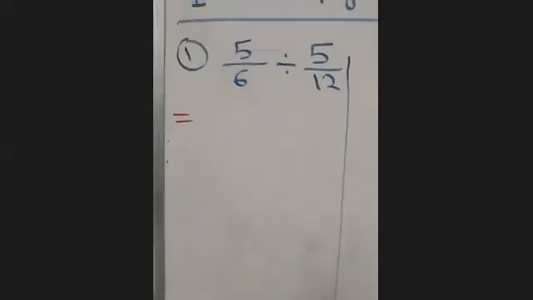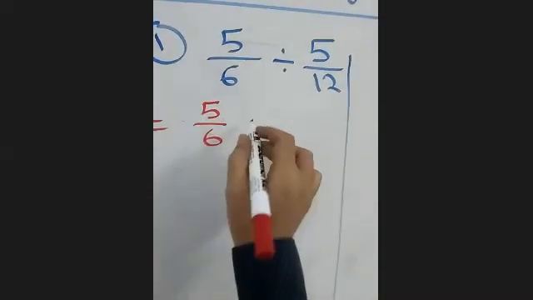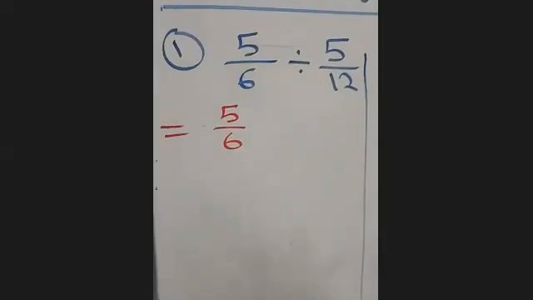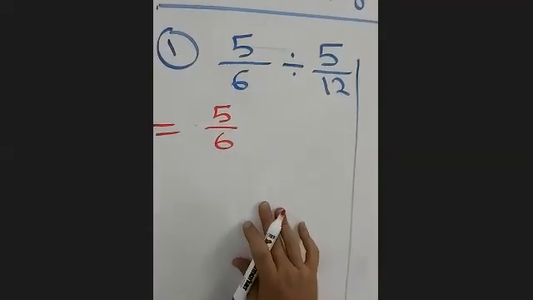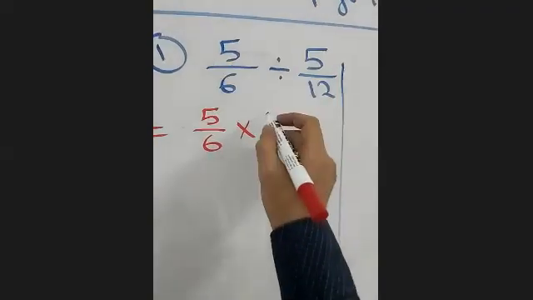5 over 6 divided by 5 over 12. Okay. So 5 over 6, we write multiply, and we flip 5 over 12 to make it 12 over 5, the reciprocal, right?